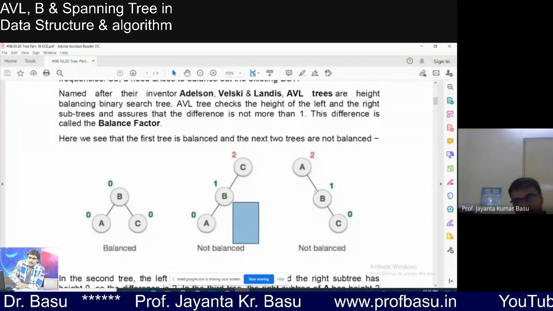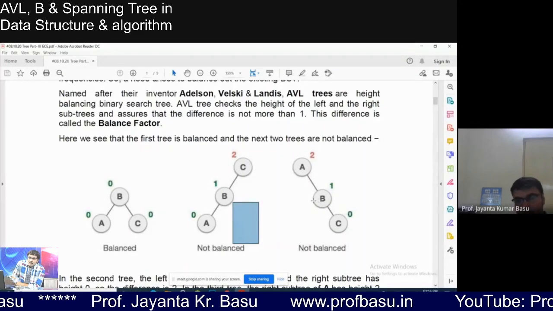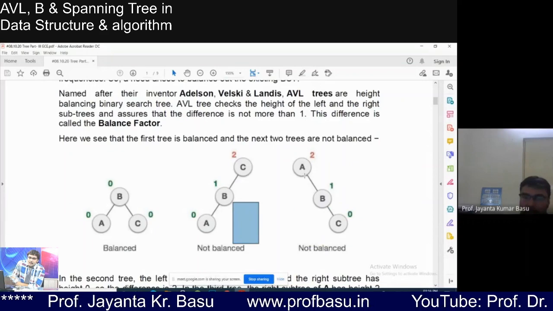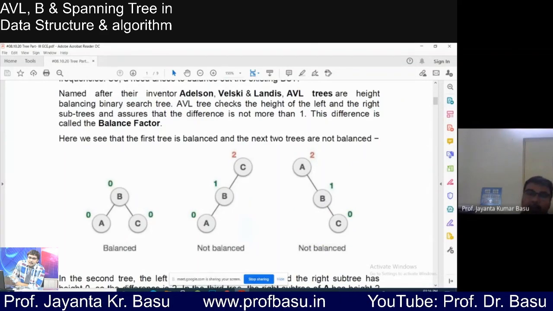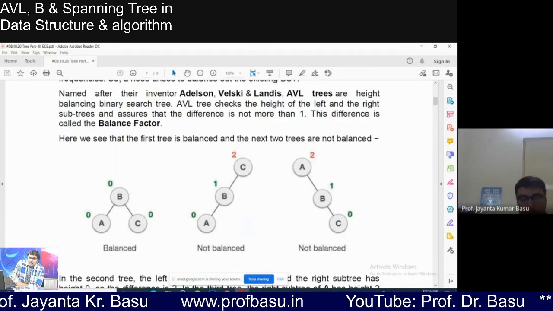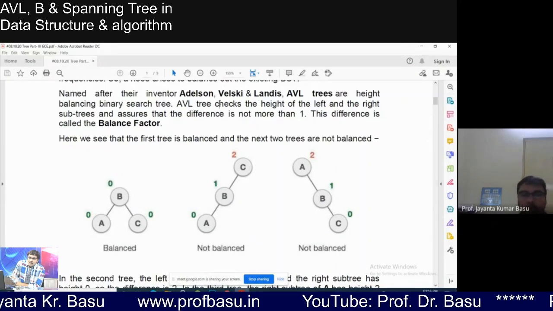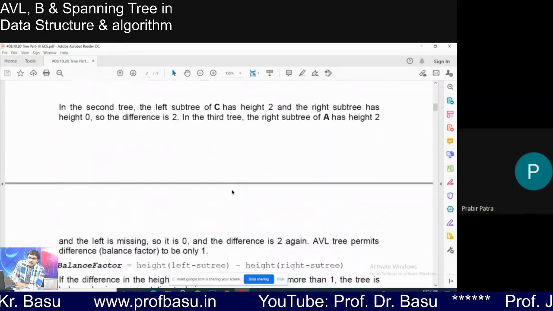If I rotate this subtree in the left direction, a left rotate, then A will come here, and it will be balanced. So sometimes with left rotation or right rotation or left-right rotation or right-left rotation, we have to make a tree balanced, right? Okay. So this is our job.